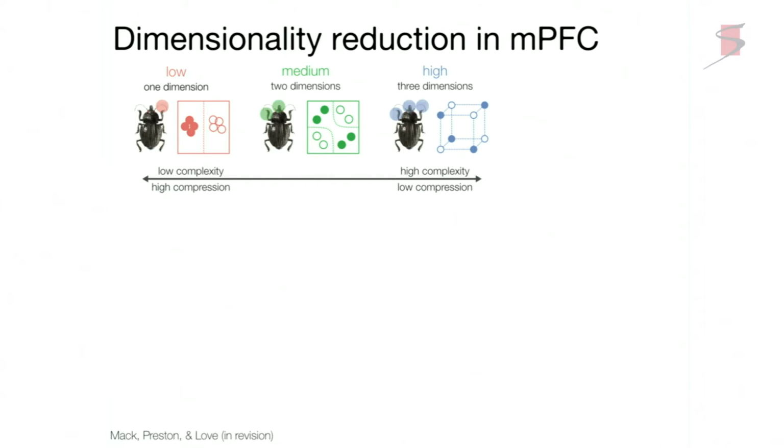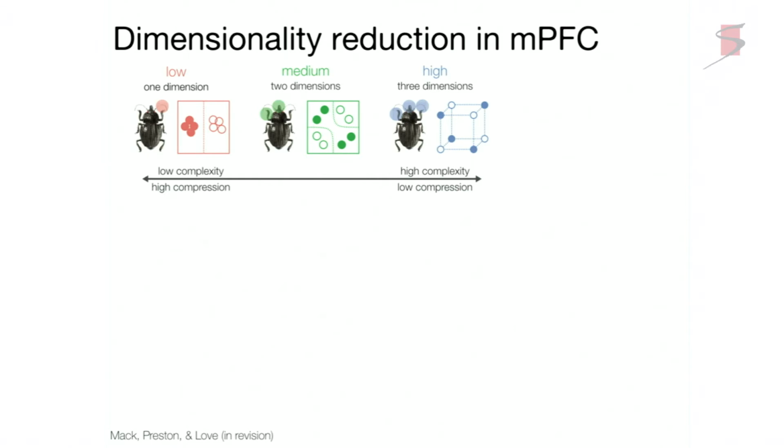We have where they learn the one-dimensional rule, which I already talked to you about, the XOR problem, and then a higher dimensional rule, which they have to actually learn 3 features, where all 3 features differentiate the stimuli from one another. And the idea here is for a low complexity problem, you can compress a lot of the information. You only need to maintain information about feature 1 to be able to distinguish the categories. In a higher complexity problem, you have to maintain more information to be able to distinguish the features, right?